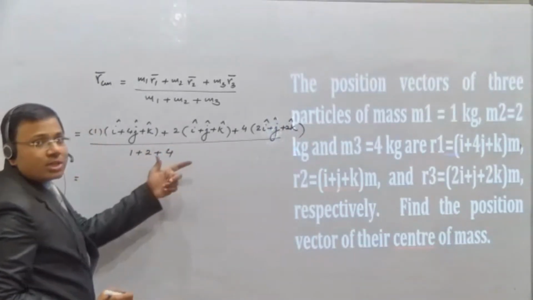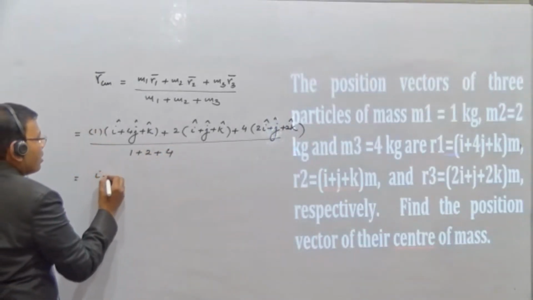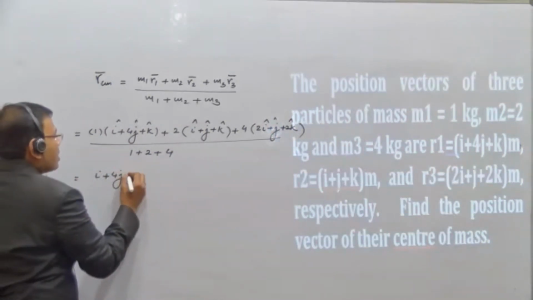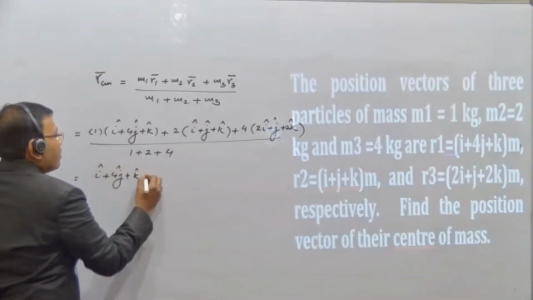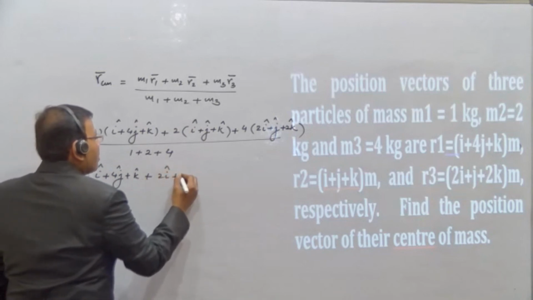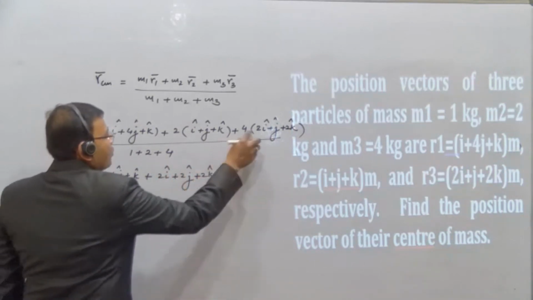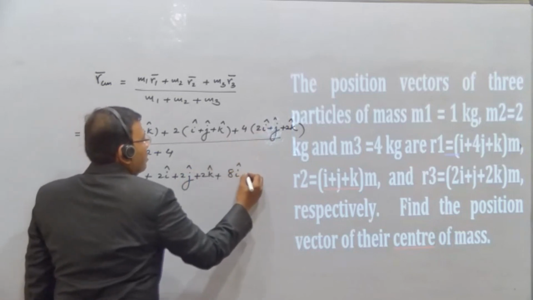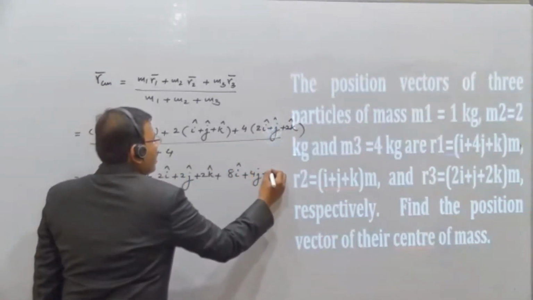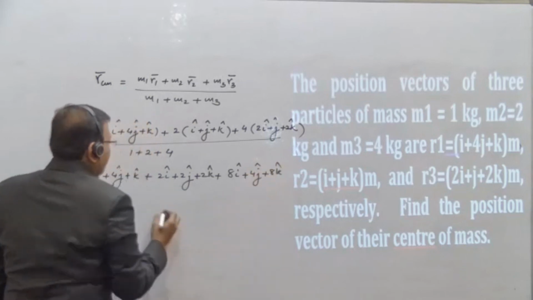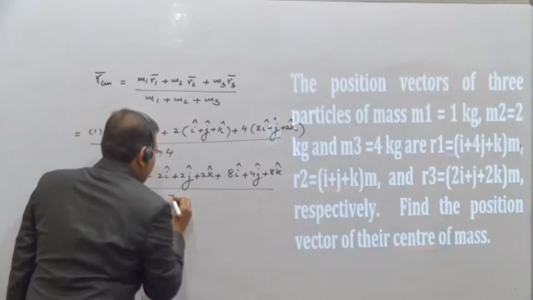Now just multiply: i plus 4j plus k, plus 2i plus 2j plus 2k, plus 8i plus 4j plus 8k, divided by 7.